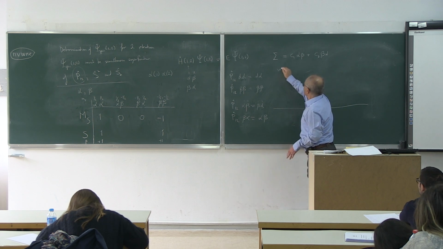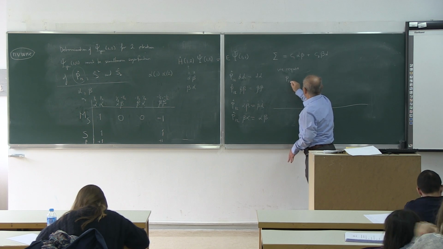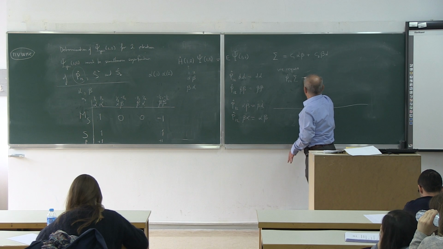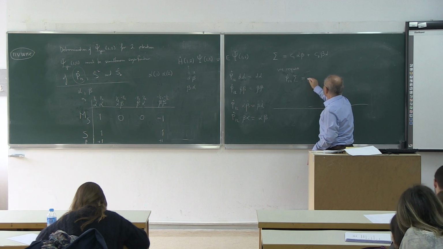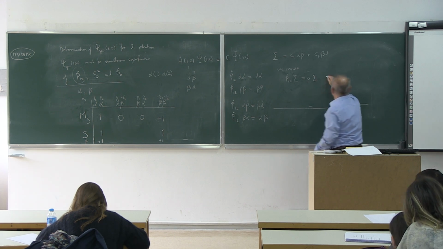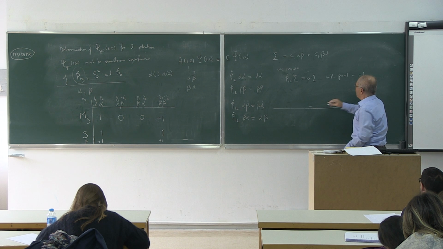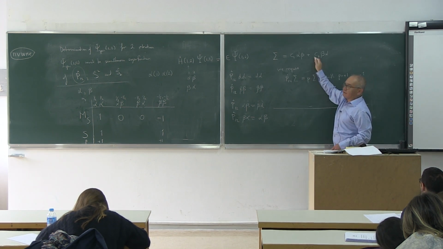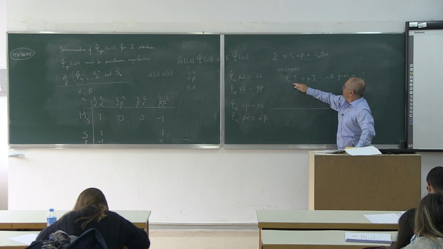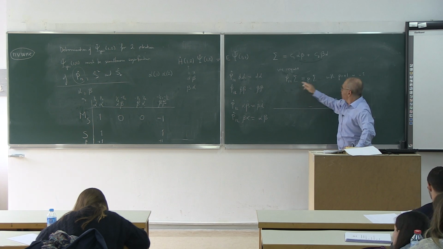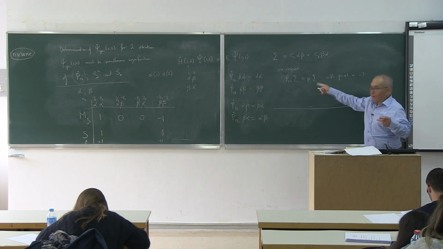We want to select the coefficients such that this expression becomes an eigenfunction of P12 with P equals +1 or -1, because we know that P12 has just two eigenvalues.